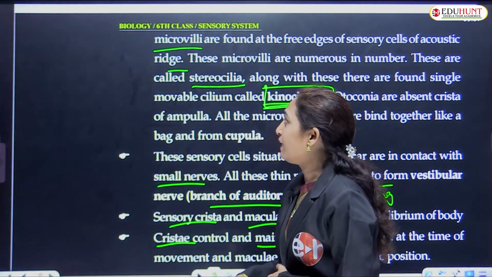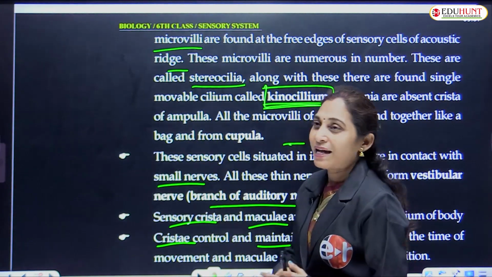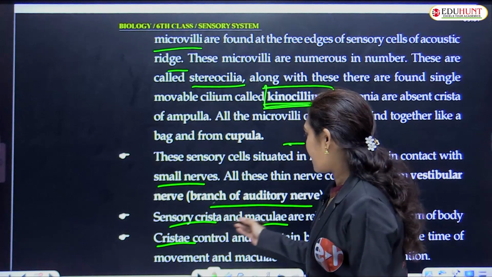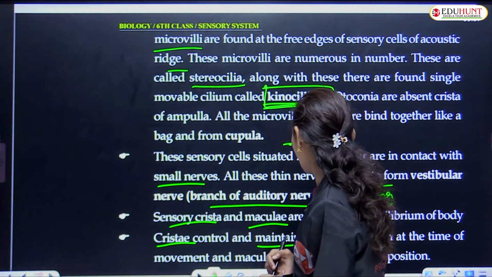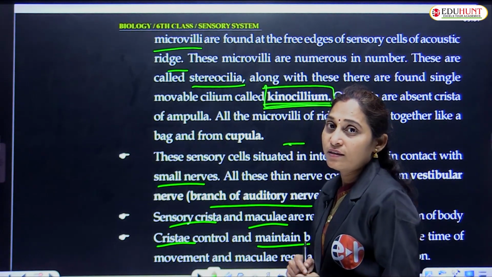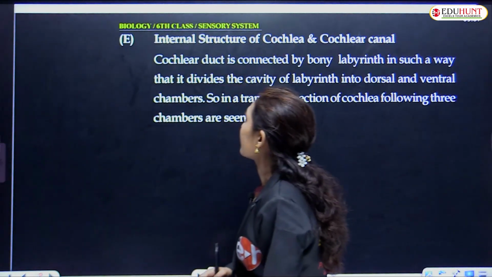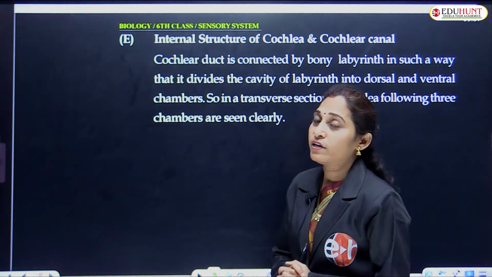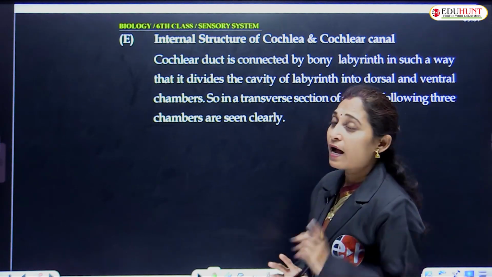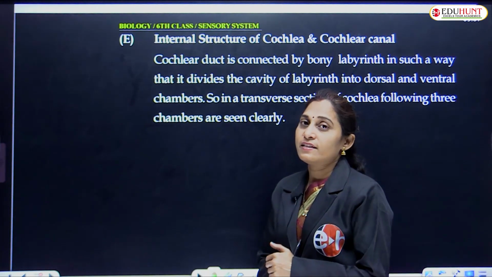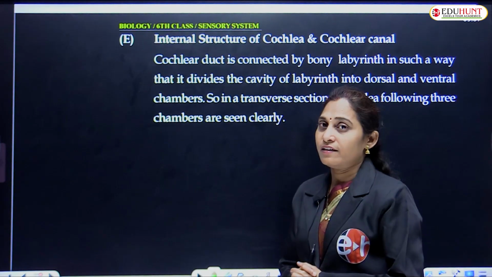We have seen till the microvilli and sensory cristae and maculae that are related with the membranous labyrinth. And the next part is the internal structure of the cochlea and cochlear canal. These are present in the internal ear.